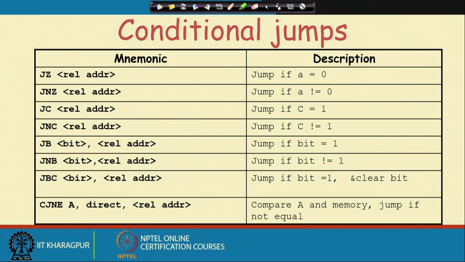So, what if you need to jump beyond, say, 256 bytes? In that case you should have a small conditional jump followed by one unconditional jump. You can put a JZ instruction like JZ L1, and at L1 you put another jump instruction.